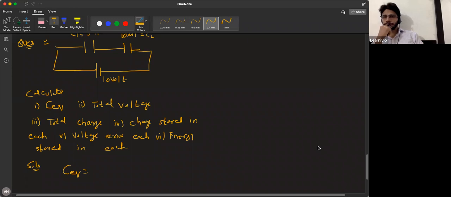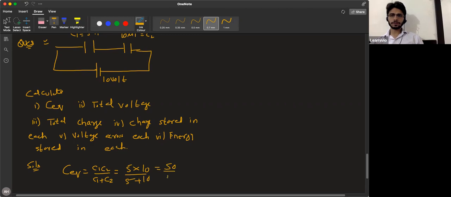C1 C2 by C1 plus C2. Yes. C1 is 5, C2 is 10, so 50 by 15. So 10 by 3. It's not 3 by 10, it's 10 by 3.